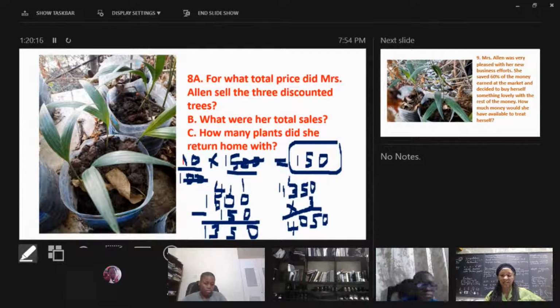What were her total sales? All right, so Antoine said 4,050 for that one. Ashley says she sold the 3 discounted trees for 4,050. One discounted tree cost 1,350, which is 150 times 3 is 450.